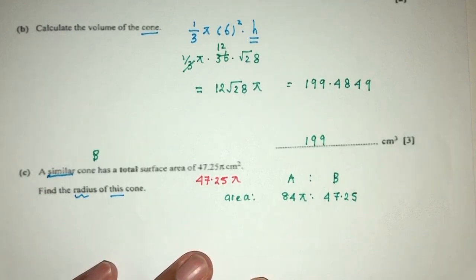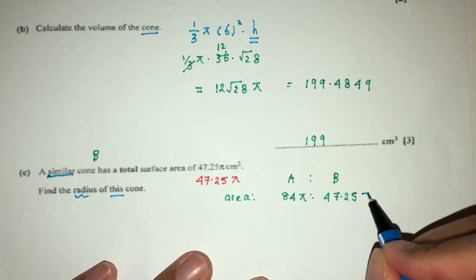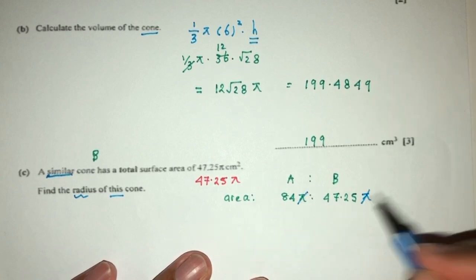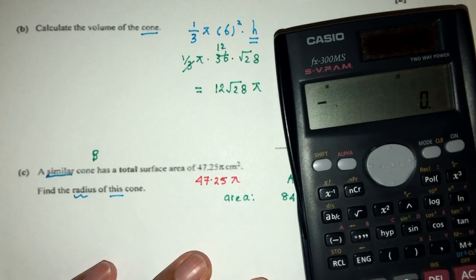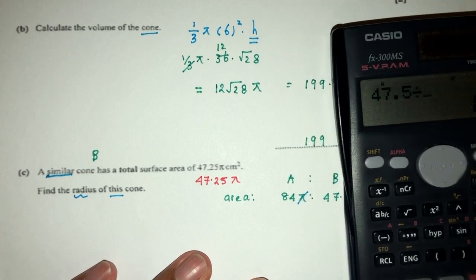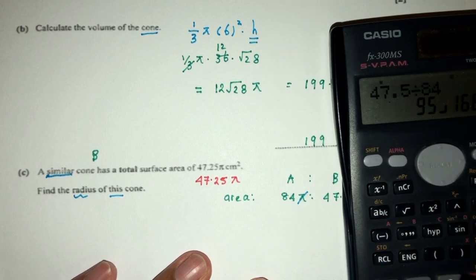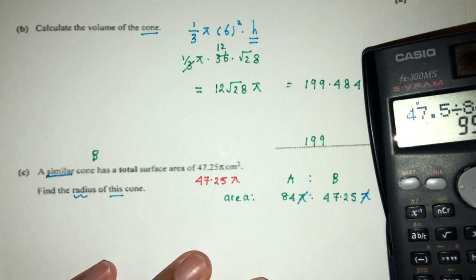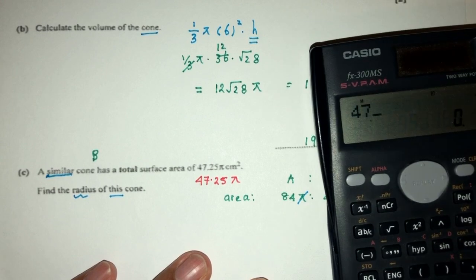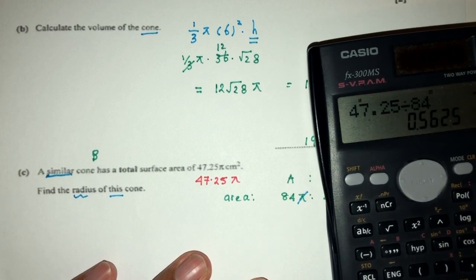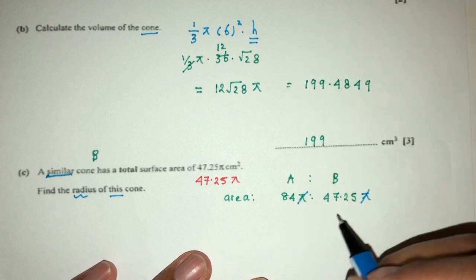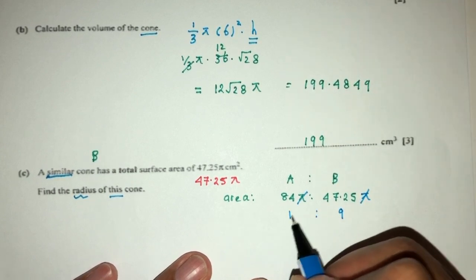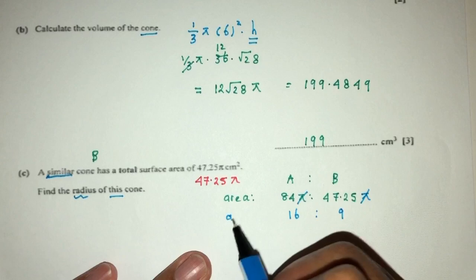Let's try to simplify this. So we have to cancel pi out first, and let's find the simplest ratio. 47.25 divided by 84, that will give you, this will be 9 and this will be 16. This is the ratio for the area.